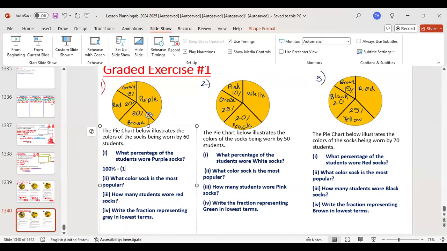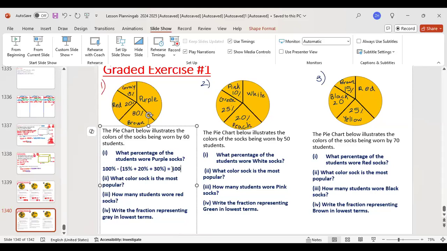Yeah, so we have to do what? 15% plus 20% plus 30%. Yes, that's it. So 100 minus 15, 20, and 30.